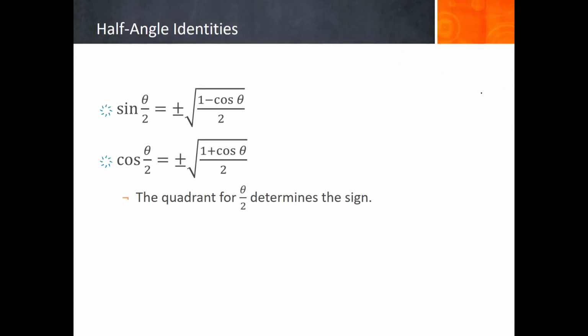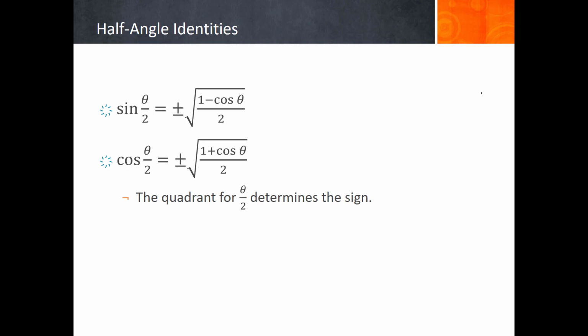And then the last group that we want to look at here are the half-angle identities. And again, say we needed to compute the sine of 15 degrees. Well, 15 degrees is not one of our unit circle angles. It's not 30, 45, 60, but it is half of 30 degrees. So if we wanted to compute sine of 15 degrees, we could using this formula. The sine and cosine are very similar.